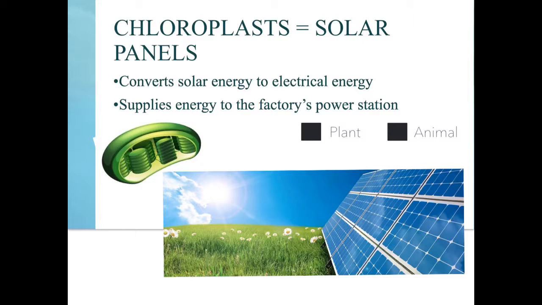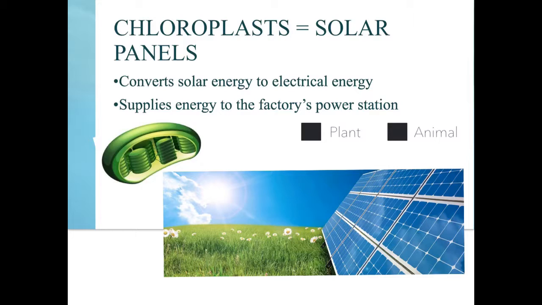Last of all are the chloroplasts. Chloroplasts are actually the inspiration for solar panels because scientists and engineers wanted to find a way to harness the sun's energy and make it into usable energy like electricity.